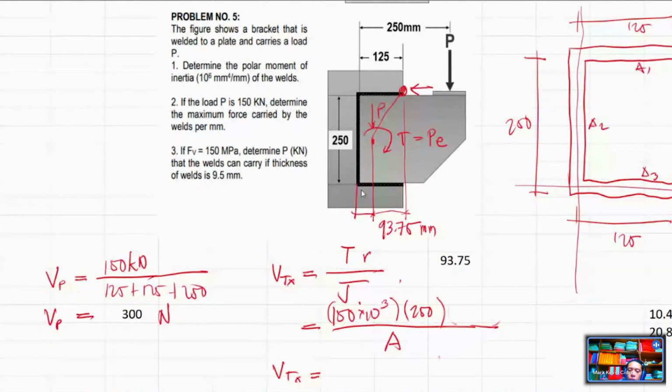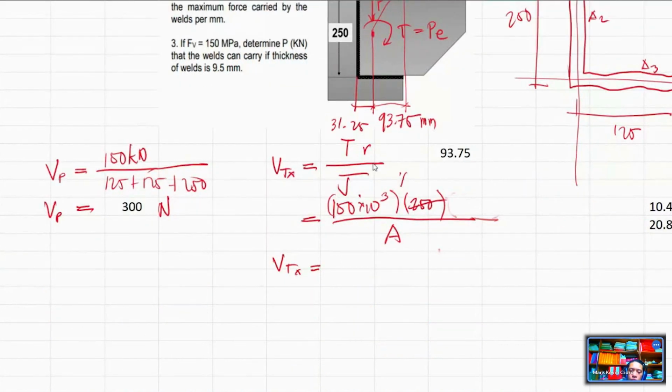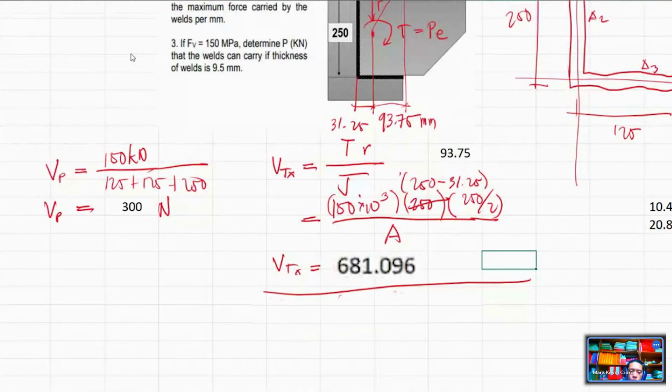We still have to subtract the x bar from earlier. This should be 250 minus 31.25, multiplied by your R, the perpendicular distance, which is 250 over 2, all over your J. We stored J in the calculator earlier. So your VTX result is 681.096 Newton.